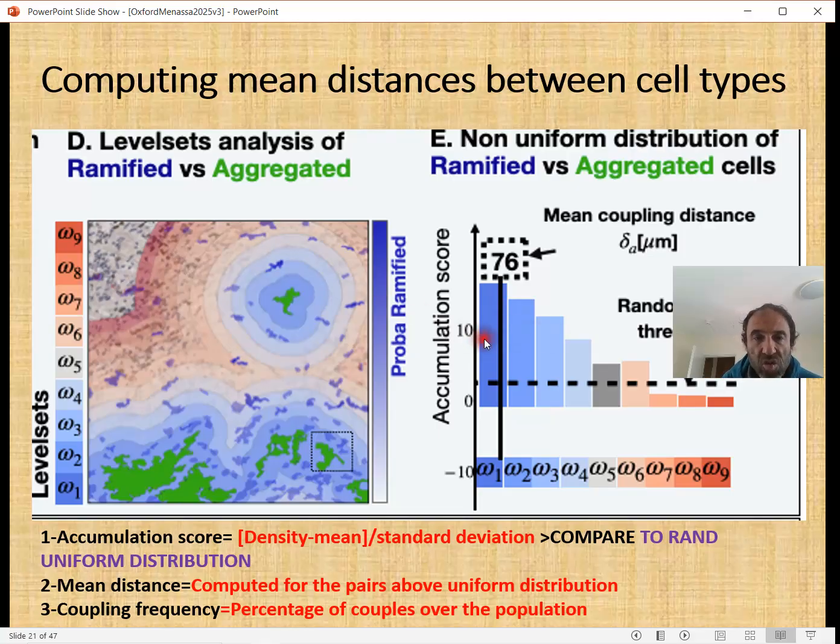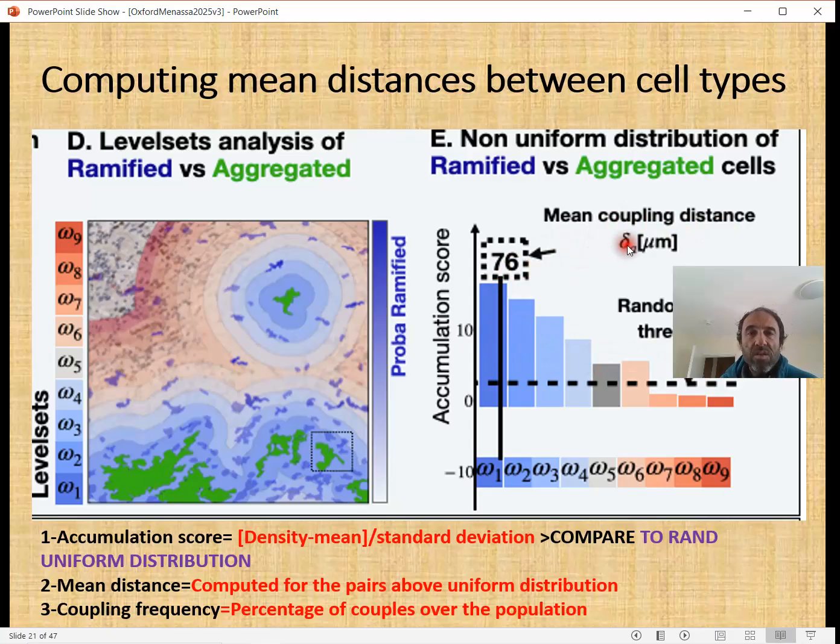And based on this, you can calculate the distance from one type of cell to the other, and do this over all green cells on the tissue. When you calculate the distance only to the other type of cells which are above this threshold, you get what is called a coupling distance.